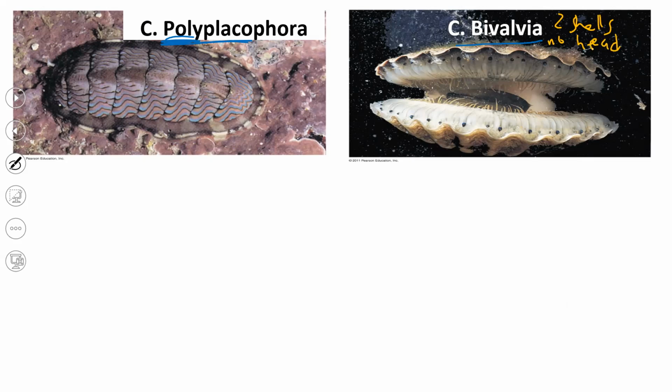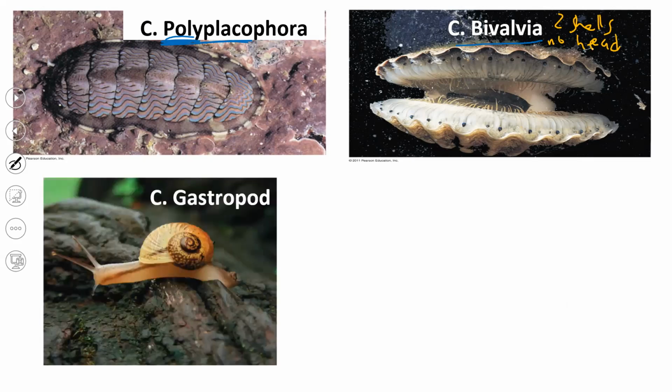So no true cephalization, although there might be some concentration of sensory organs, there's no true head versus not head. They have gills, they're filter feeders. And again, we'll dissect one of these in lab. It should be this week.